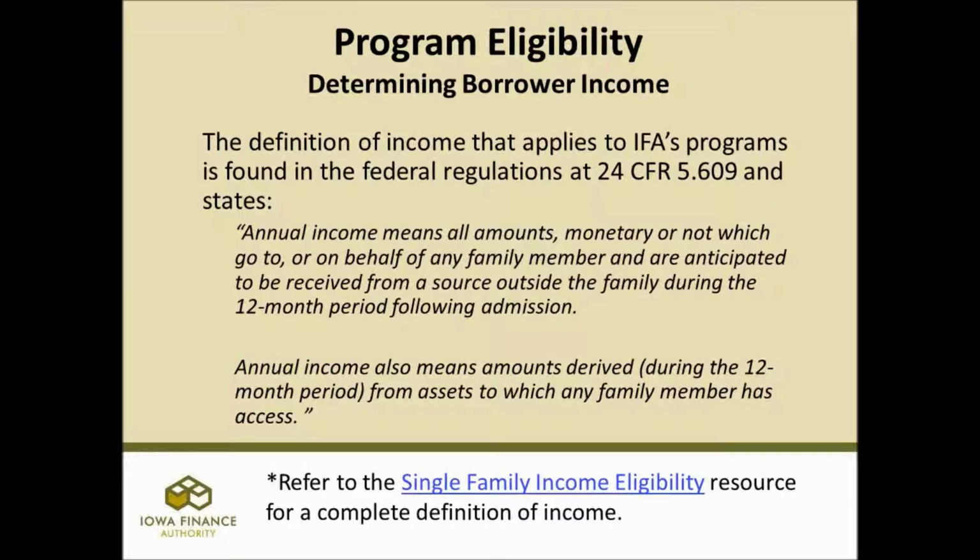We are following a federal regulation found at 24 CFR 5.609, and it states that all amounts, monetary and not, which I'm not sure what "or not" means, that go to or on behalf of any family member and are anticipated to be received from a source outside the family during the 12-month period following admission or closing, basically. So this means that we are always required to project, basically from the date of the anticipated closing, the income during that 12-month period.